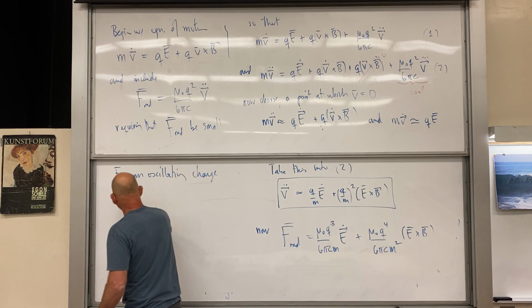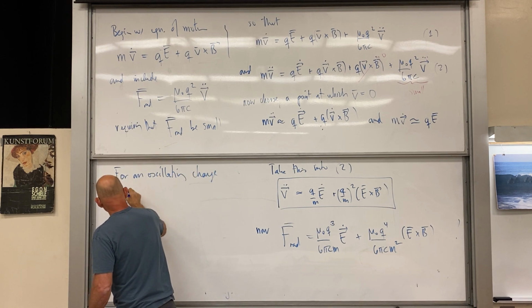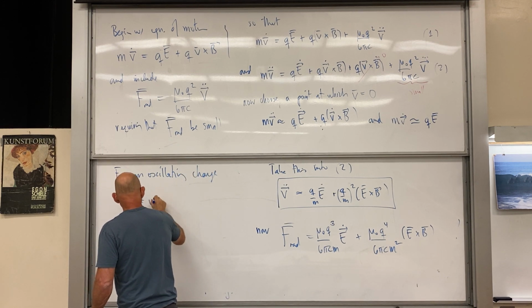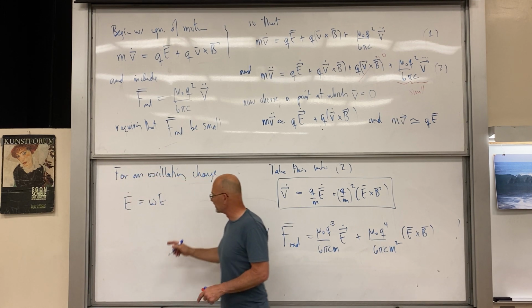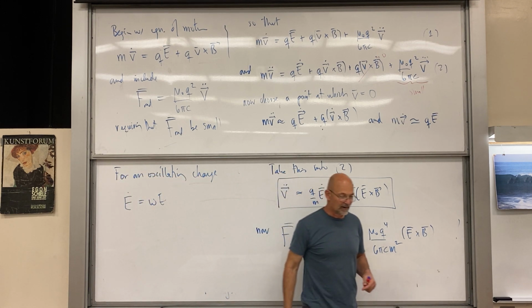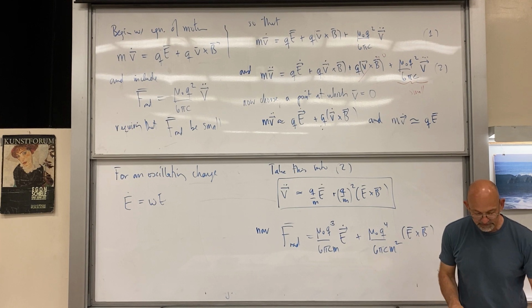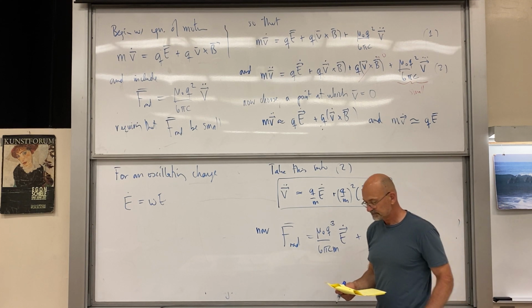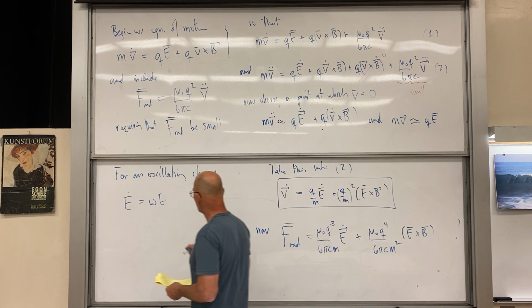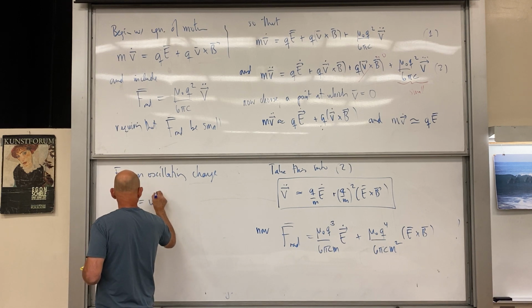We can replace the E dot by omega E, right? It's just oscillating with omega. E dot is omega E.